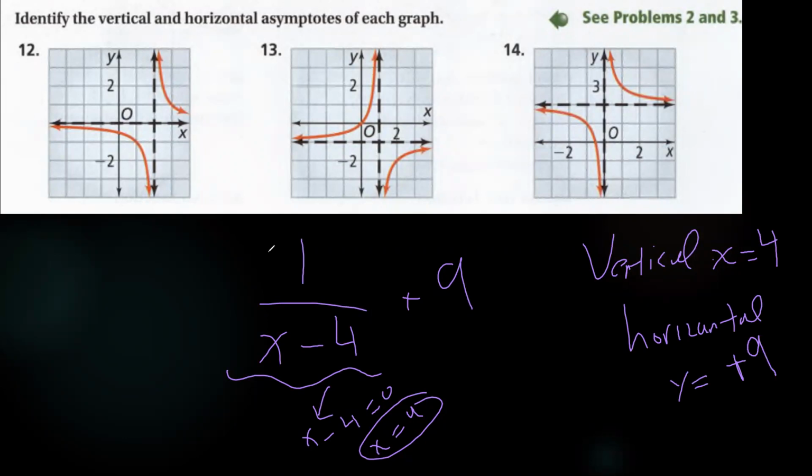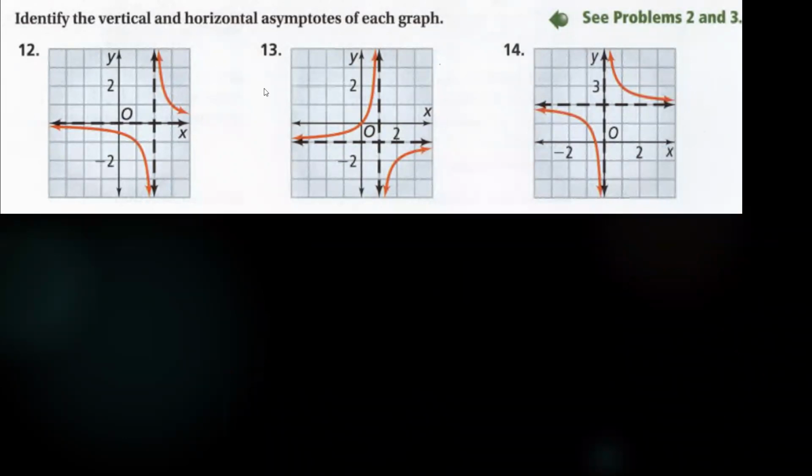Now, in problem 12, identify the vertical and horizontal asymptotes for each graph. Number 12: who can tell me where the vertical asymptote is? This is the vertical, and this is the horizontal. The vertical is at point 2.